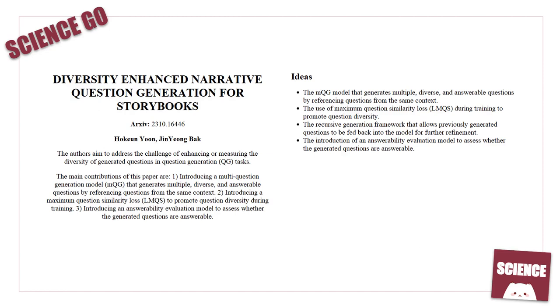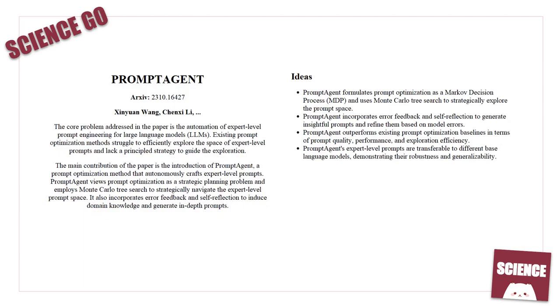The paper PromptAgent introduces a new method called PromptAgent that helps computers generate better prompts for language models. The problem it aims to solve is that current methods struggle to find the best prompts and don't have a good strategy to guide their search.